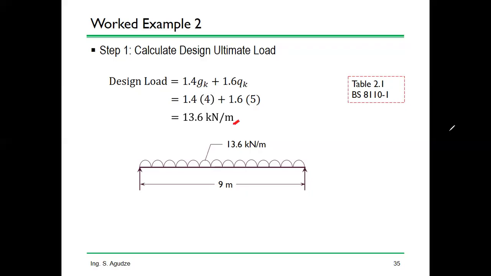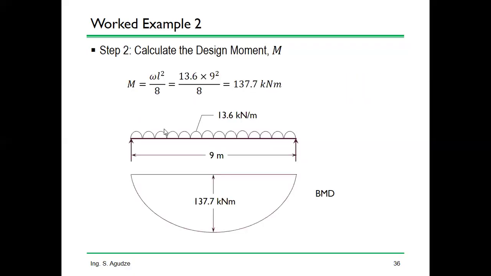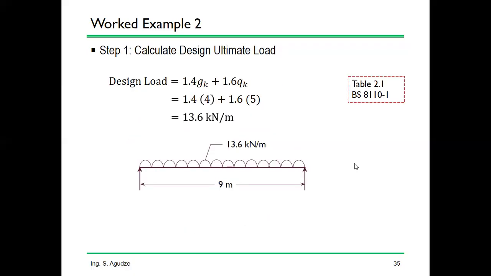Okay. So now you have been able to calculate your design load. What is the next step? You have to calculate your bending moment, in order to draw your bending moment diagram. Now you see that this particular beam here is a standard beam, right? It's a standard case.